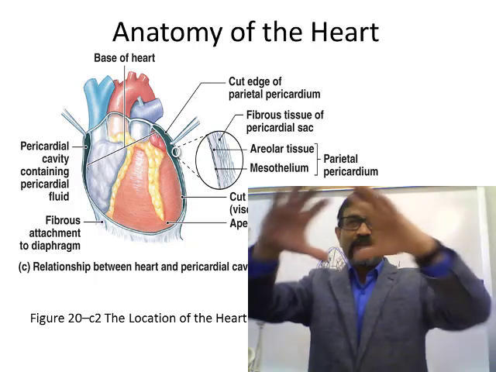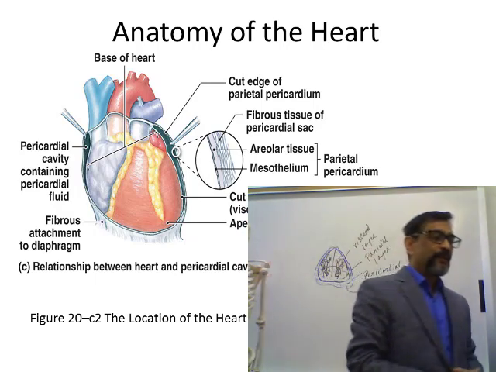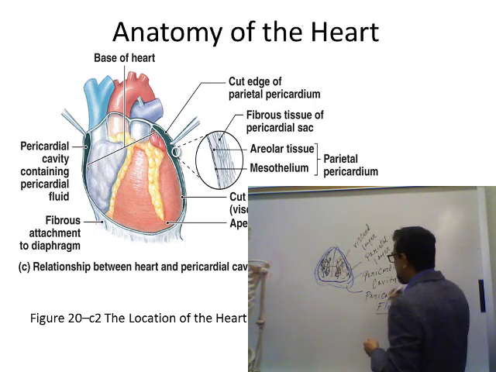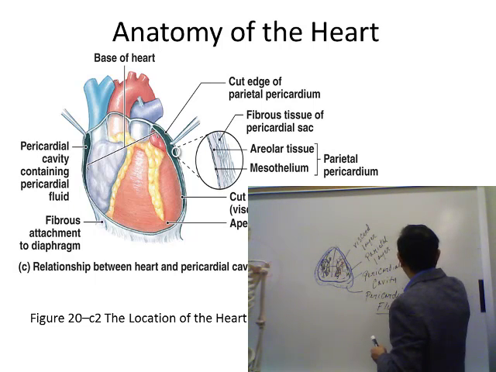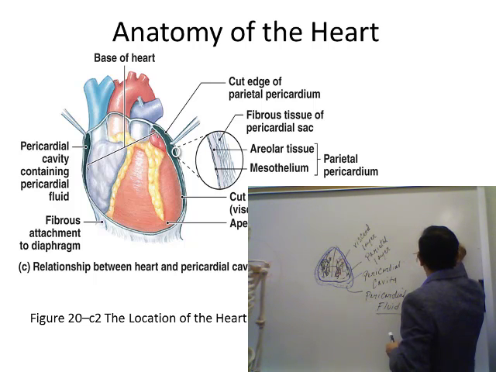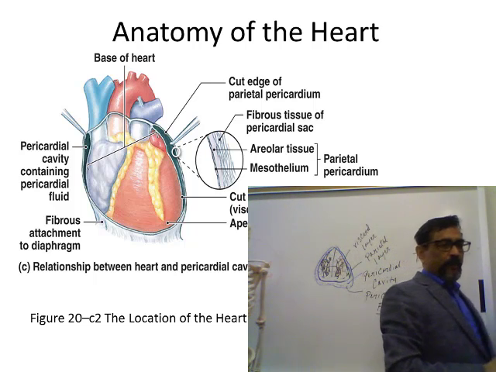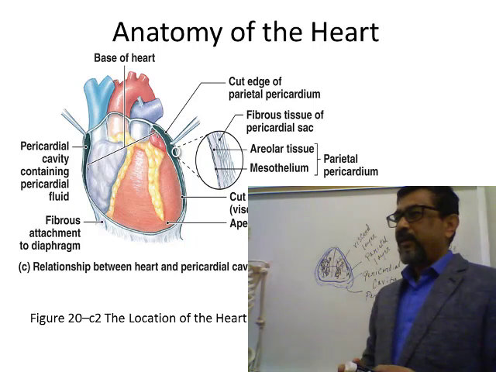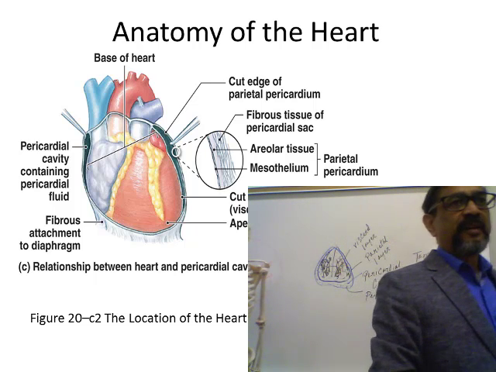So that is a clinical condition too, and that is called tamponade. T-A-M-P-O-N-A-D-E. Tamponade. Okay. Accumulation of fluid or increased pressure around the heart decreases the expansibility of the heart. Okay.